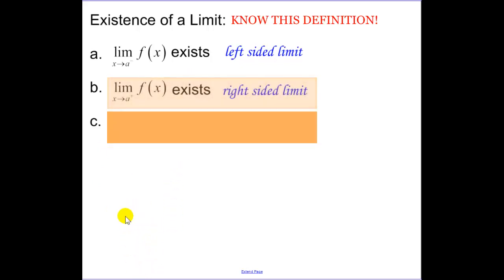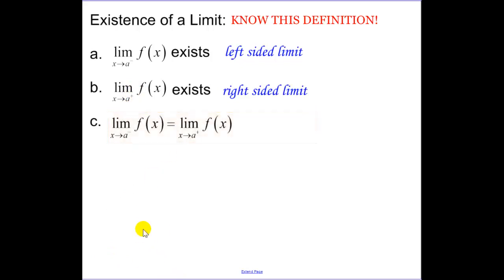And also your right side exists. So you're approaching your function from numbers a little bit more, also is going to exist. And then those two limits are going to equal each other. So again, make sure you write down this definition and that you know this definition.